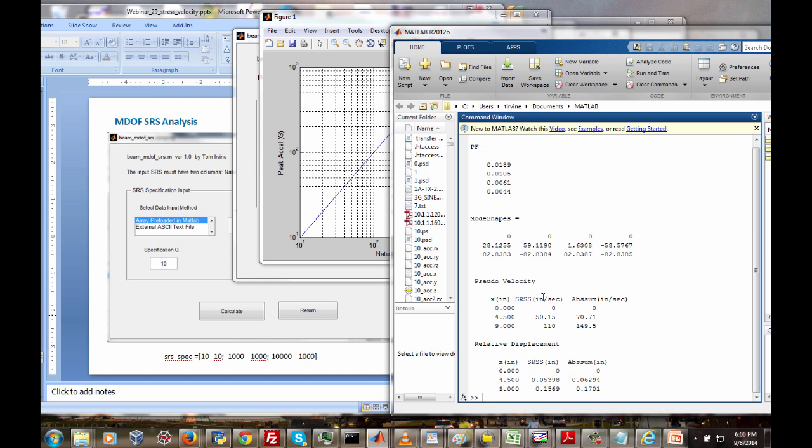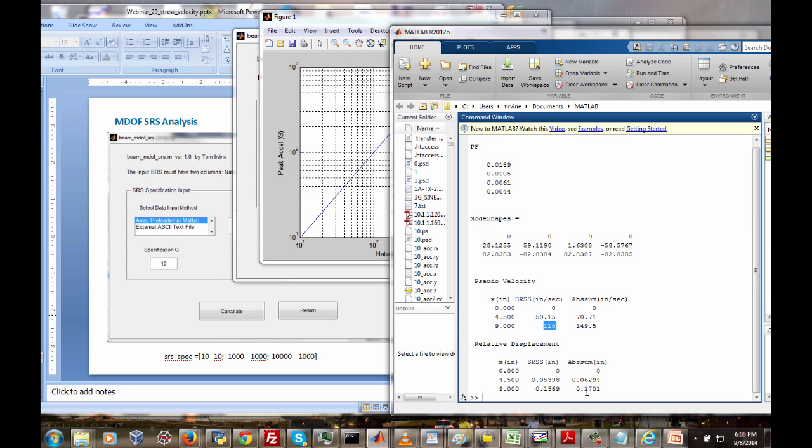And we actually have 2 multi-degree of freedom SRS methods. We have the square root of the sum of the squares in inches per second, and the absum, the absolute sum method in inches per second. So here are the resulting pseudo velocities. So let's keep in mind this 110 inches per second. I'm actually going to summarize these in a table here shortly.